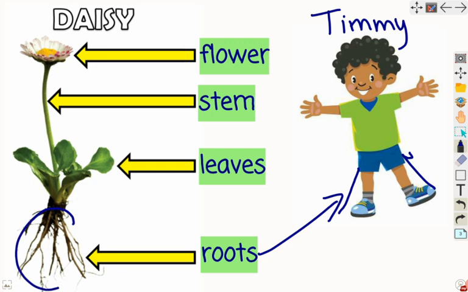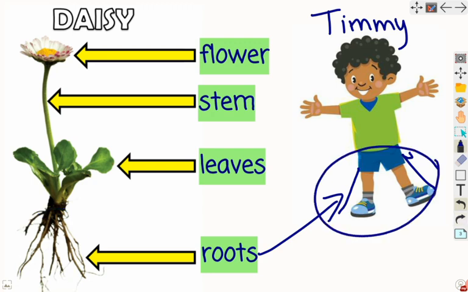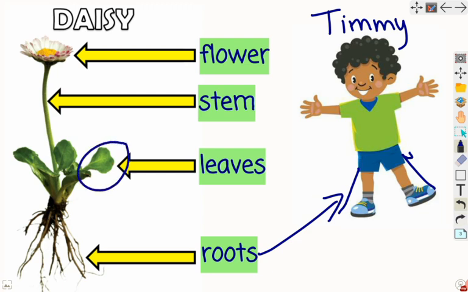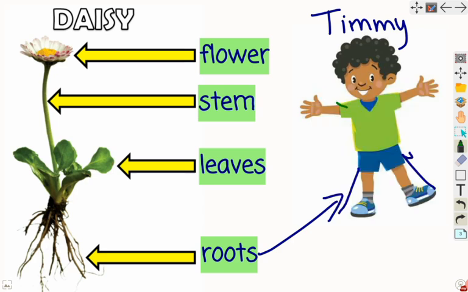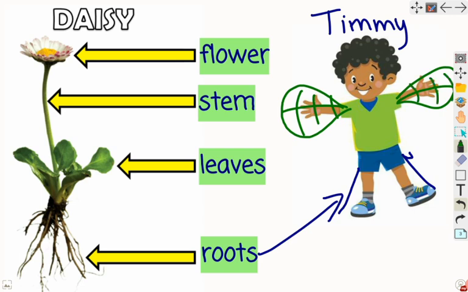So if it were a plant, these would be the roots. Here we've got some leaves. I'm going to take the color green to draw the leaves. All right. So here are the leaves. Here in the armpits, some more leaves.